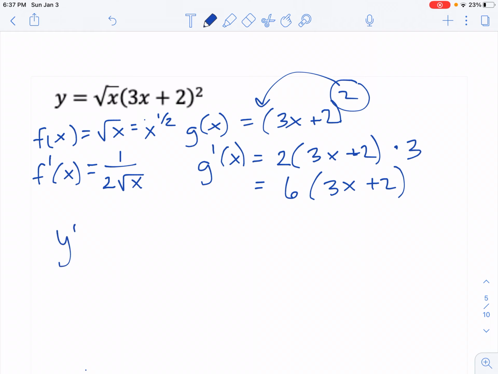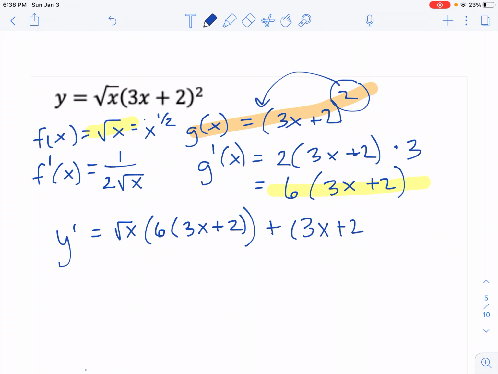So the derivative of y is f of x, so the first function, times the derivative of the second function, plus the second function times the derivative of the first.